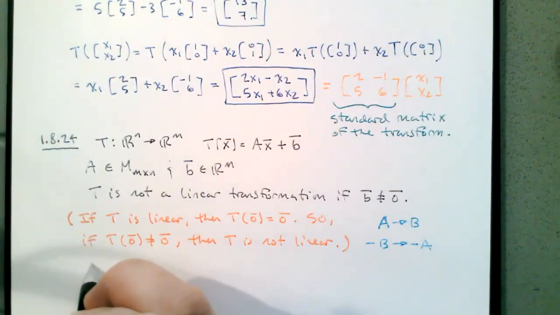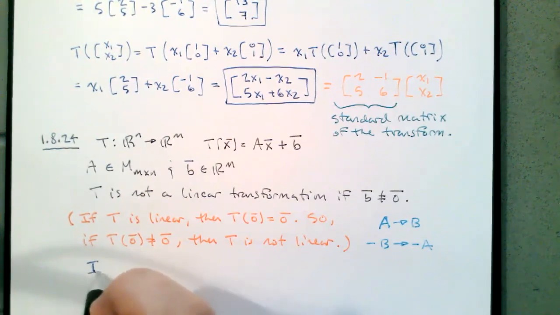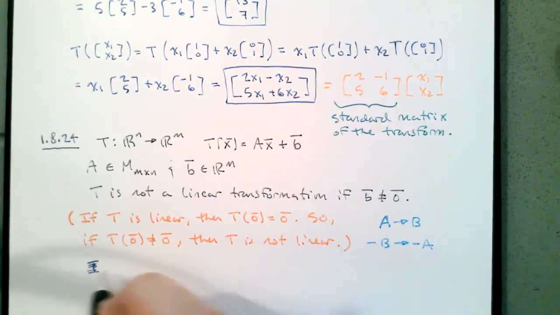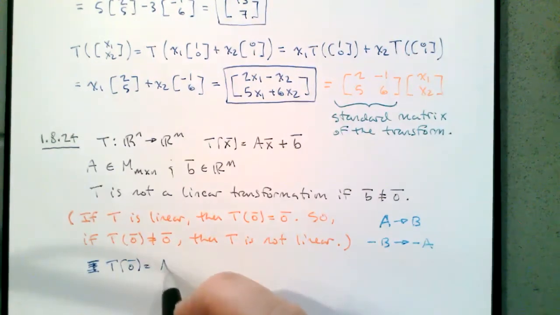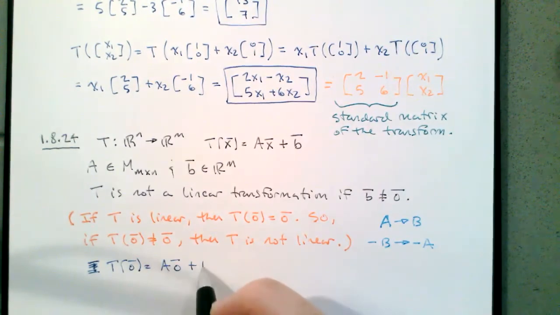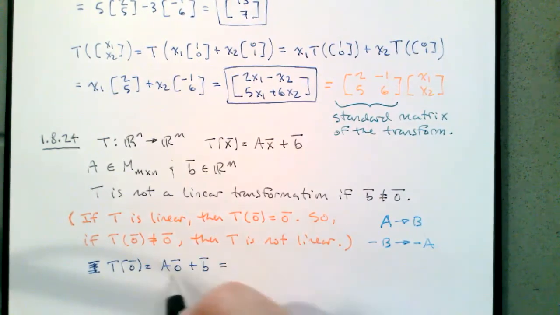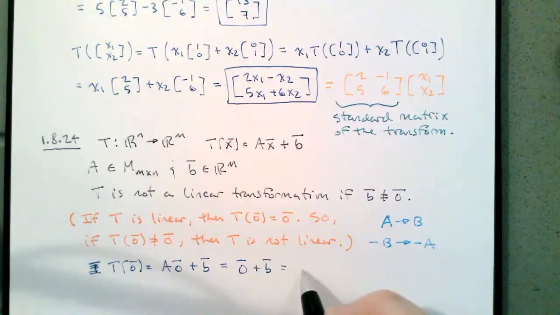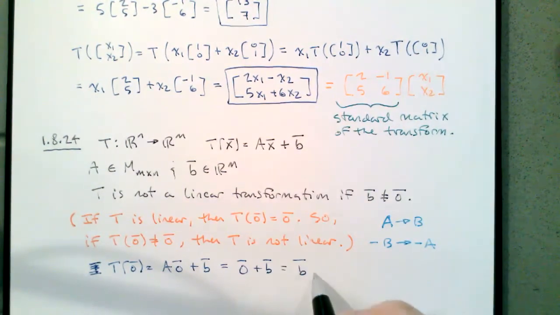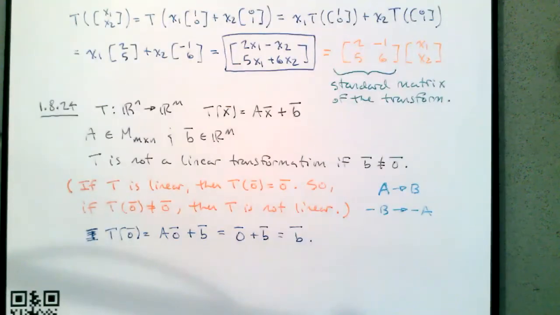T of 0 is A times 0 plus b. A times 0 is for sure 0. So if b is not 0, then T of 0 is not 0, and T is not linear.